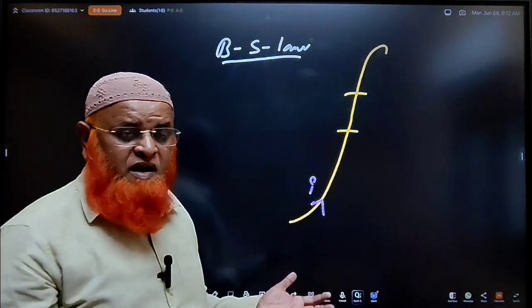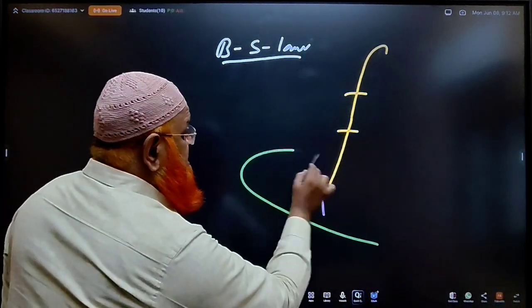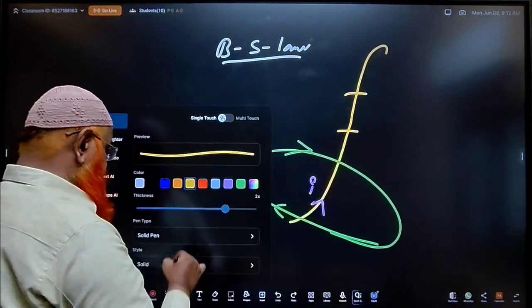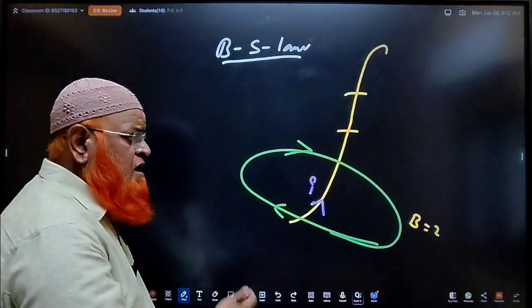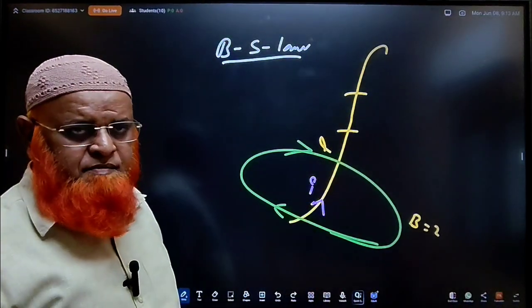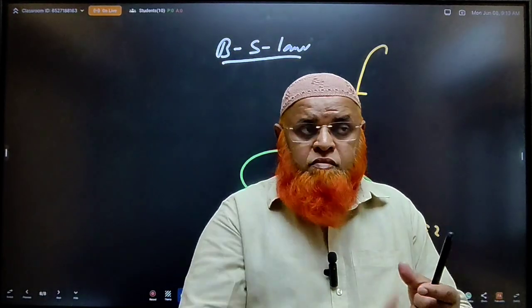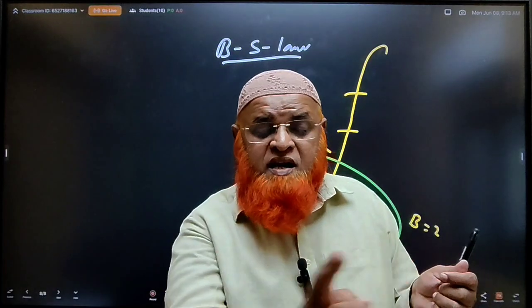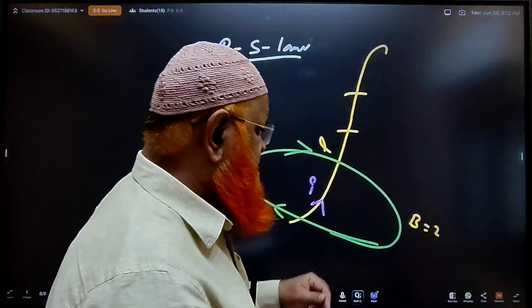Whenever the current passes through the wire, you should remember one thing: a magnetic field is developed surrounding the wire, and that magnetic field is given by letter B. This is the magnetic field developed surrounding the wire, the complete wire whose length is L. So whenever current passes in a wire, it creates a magnetic field surrounding it, and that magnetic field you have to find out.